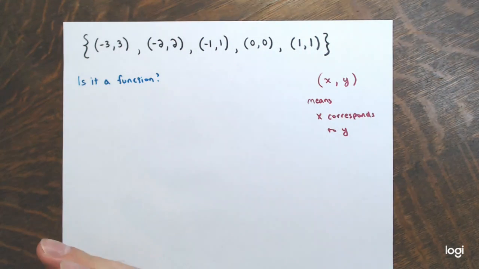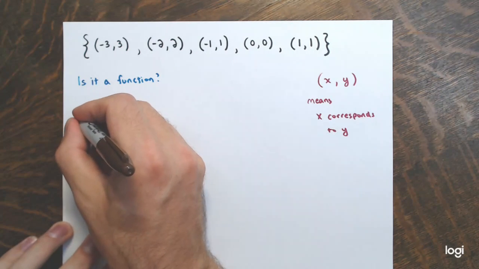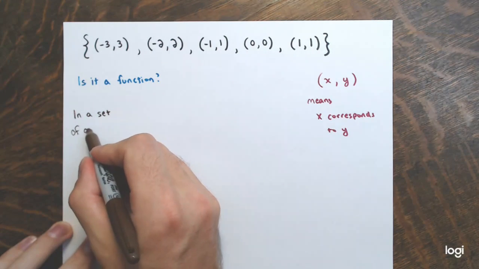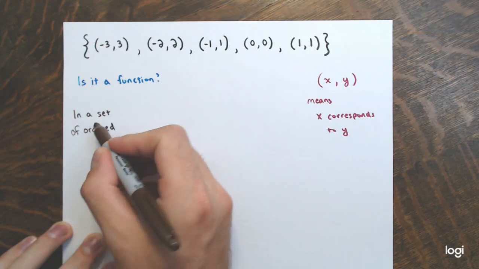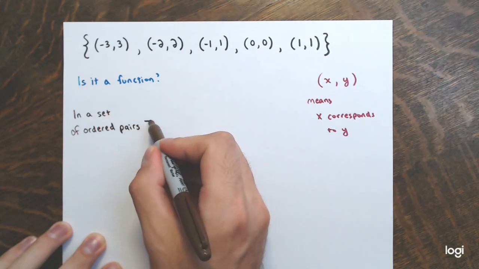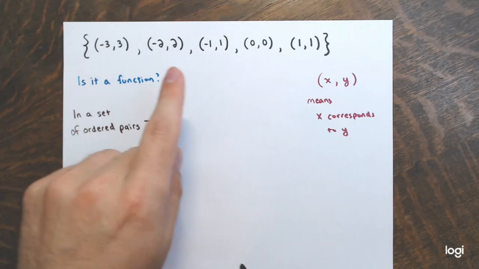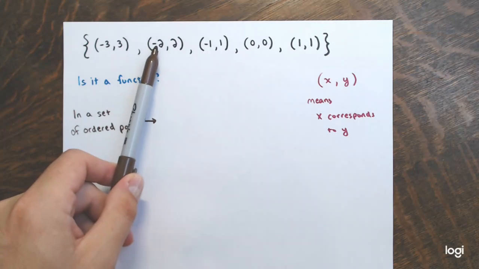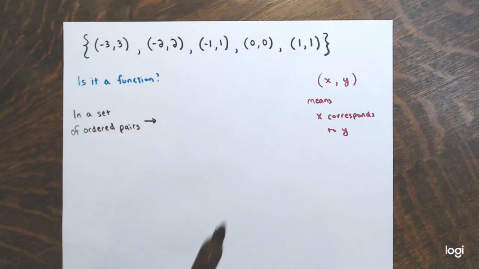Now, when you were looking at a mapping, the only thing you needed to do to determine if it was a function is look at all the values in that first set and ask, is there exactly one arrow coming off of them? Well, in a set of ordered pairs like this, the values of the domain are all the first coordinates in the ordered pairs.